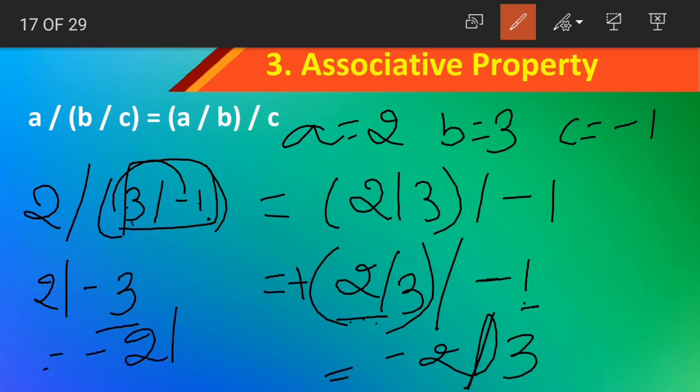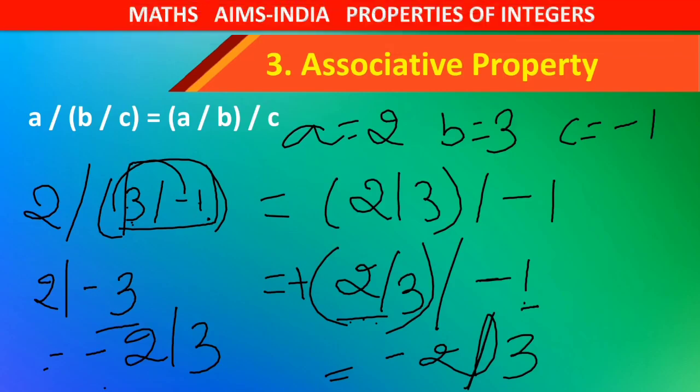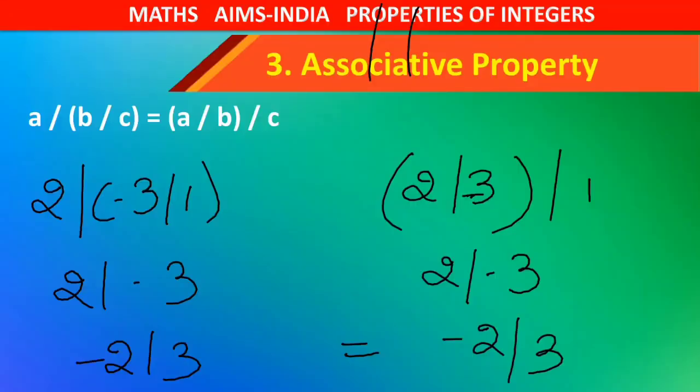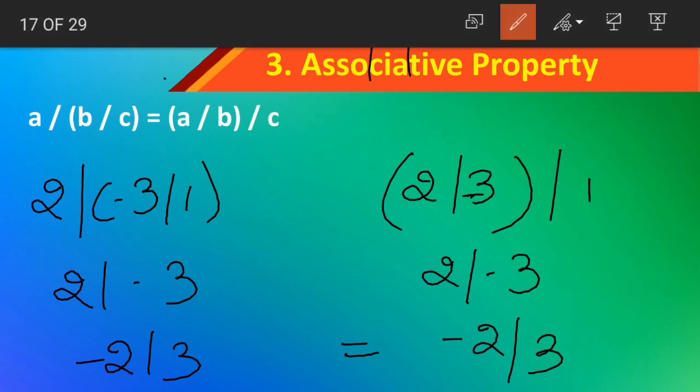The answer on LHS side is minus 2 by 3 and the answer on RHS is also minus 2 by 3. Here LHS is equal to RHS. Got it? So you might think division of integers follows associative property, but it is not the case.